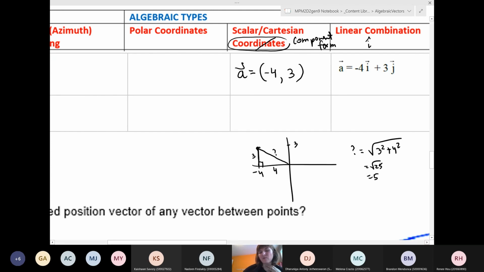Okay, and then if I wanted to find the angle here before I find this theta rotation, I need to do alpha first. So what is alpha? Alpha will be tan inverse of 3/4, opposite over adjacent. Who can tell me that answer first? The alpha part first?